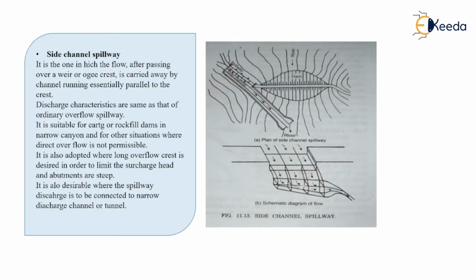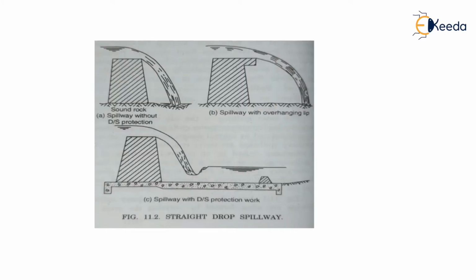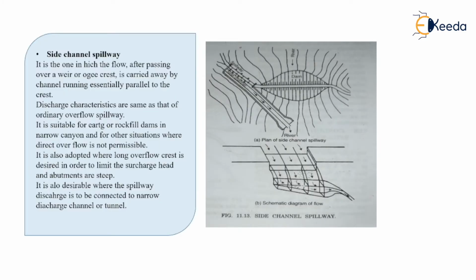Now the next type of spillway is the side channel spillway. You can see the diagram here. The dam is constructed. This is your upstream section, and this is your downstream section. The side channel means the channel in which the flow goes after passing over the ogee crest.